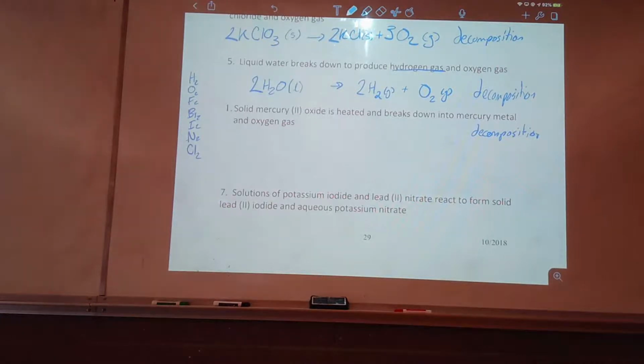So you also have to make sure the number of atoms of each is the same on the left and right. So oxygen gas is always going to be O2, right? So if you have 2 oxygens on the right, you need 2 oxygens on the left as well, because oxygen gas will always be O2.